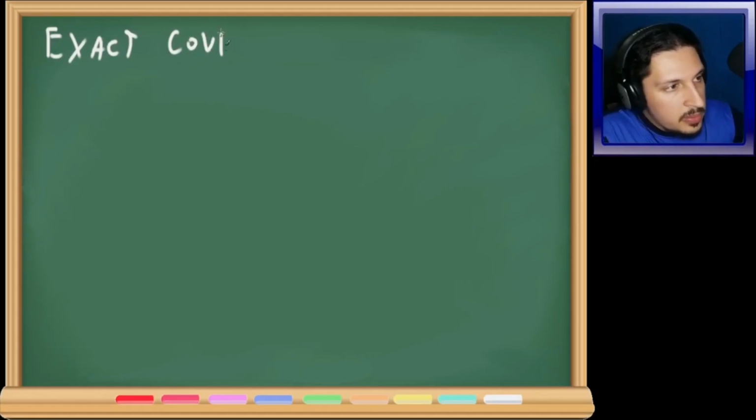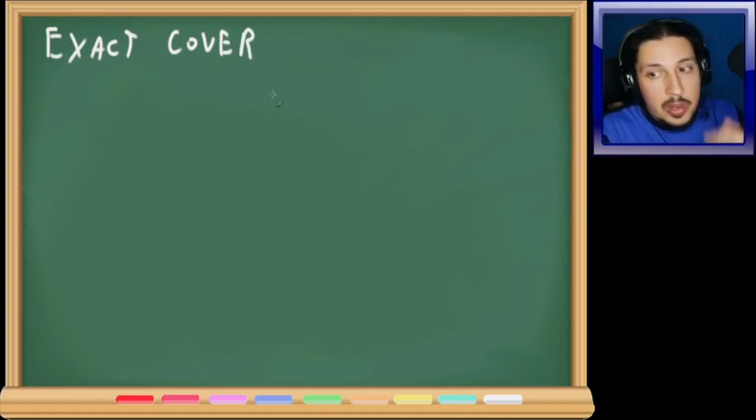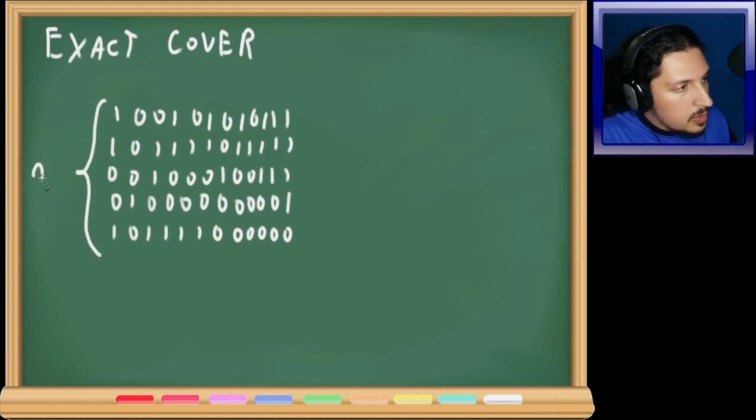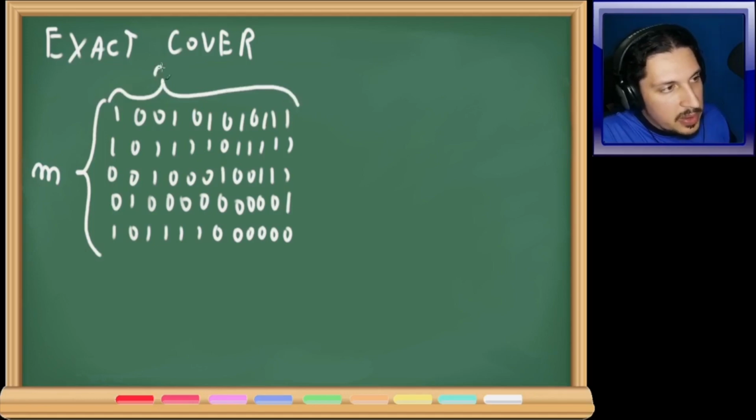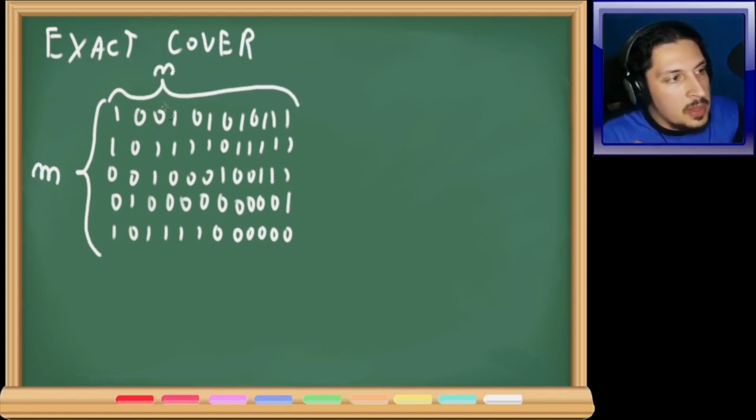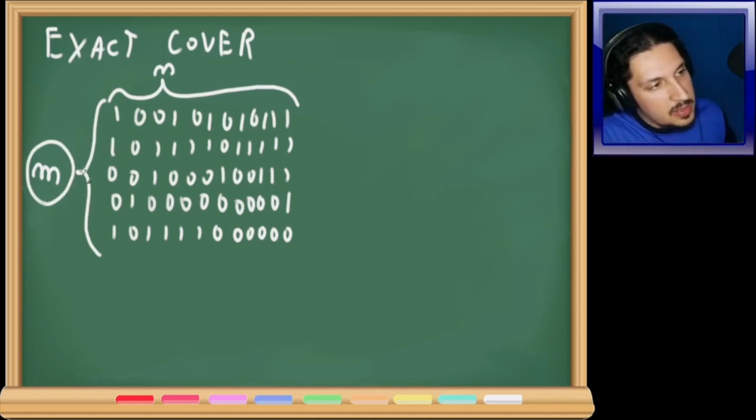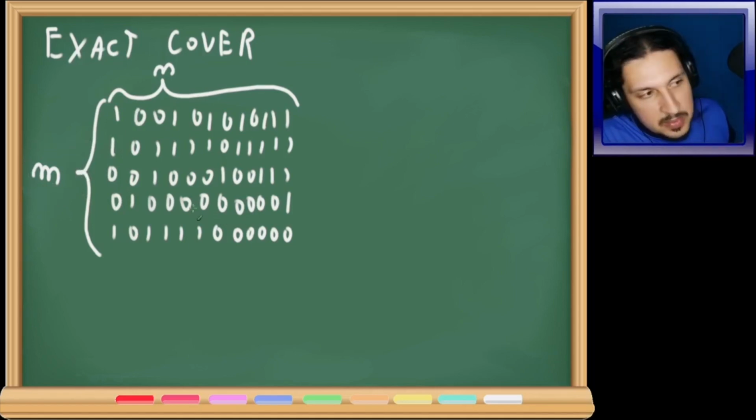Now, for my second example, I will take another well-known NP-hard problem, which is exact cover. In this problem, we will have m sets, which are all subsets of a universe of n possible elements. So we can basically represent them as bit masks. We have m bit masks, each of which represents a set, and these bit masks are of length n.